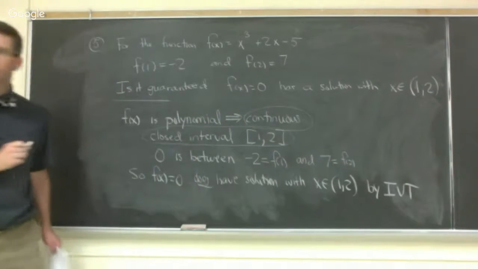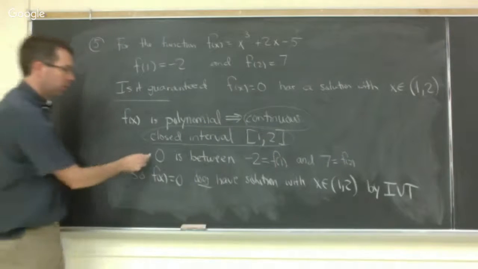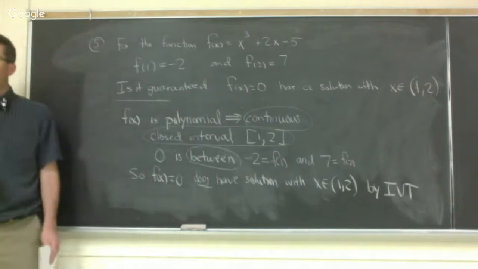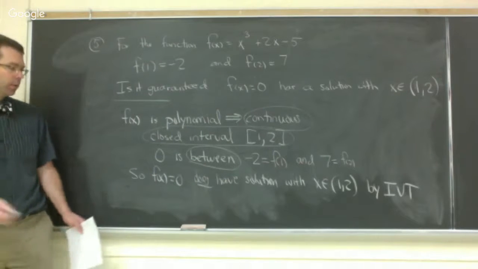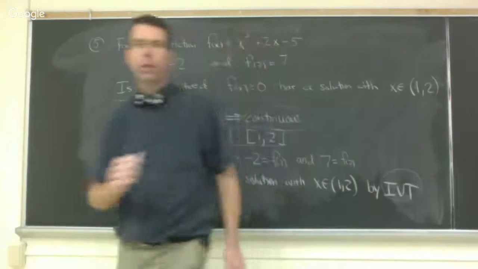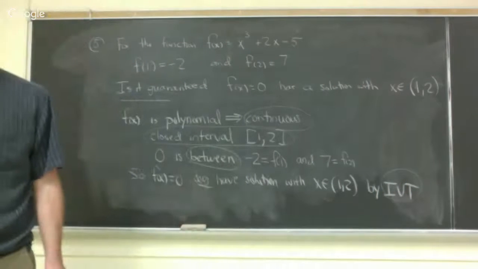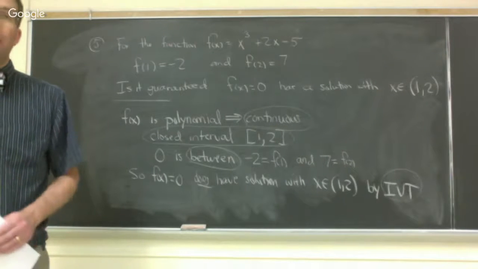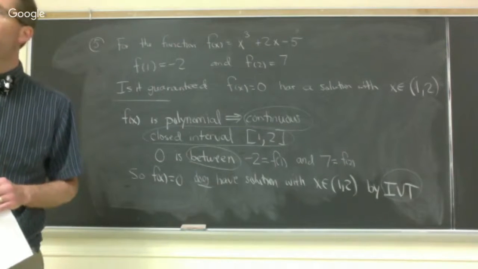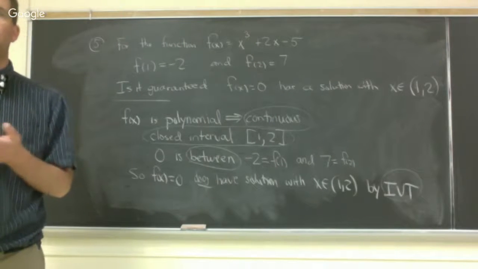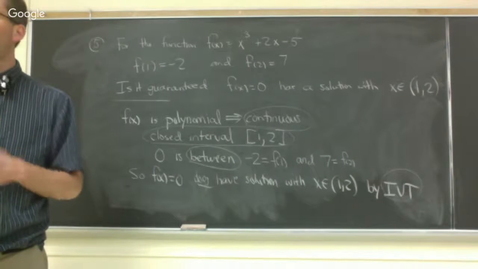I'm looking for you to talk about it being a closed interval, emphasizing that the y value is between the endpoints, and that you say your reason is the intermediate value theorem. So that's the sort of thing that I'm looking for. Same type of thing later when we talk about the extreme value theorem. I'm looking for you to talk about the function being continuous, closed interval, so that you can refer to the max and the min.